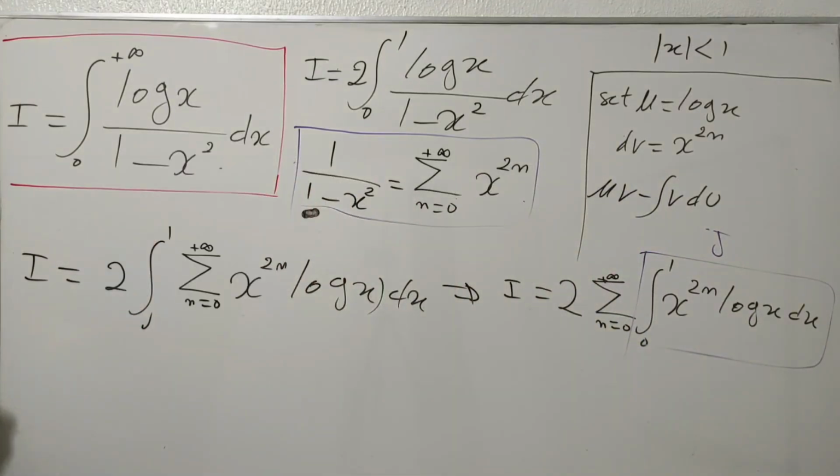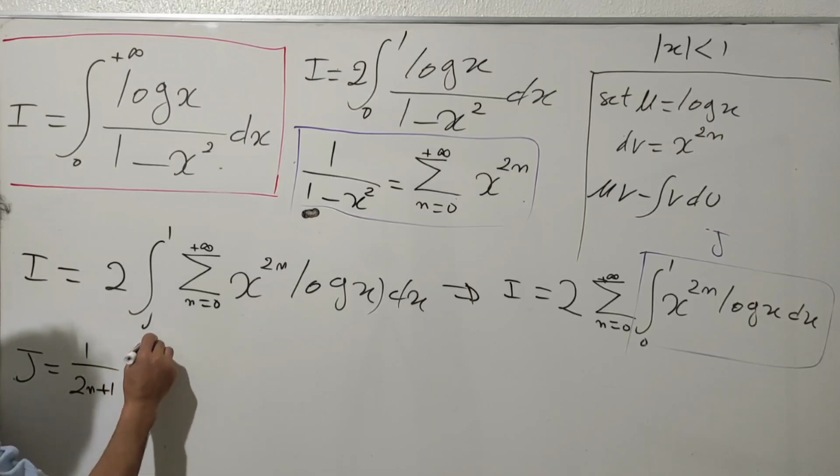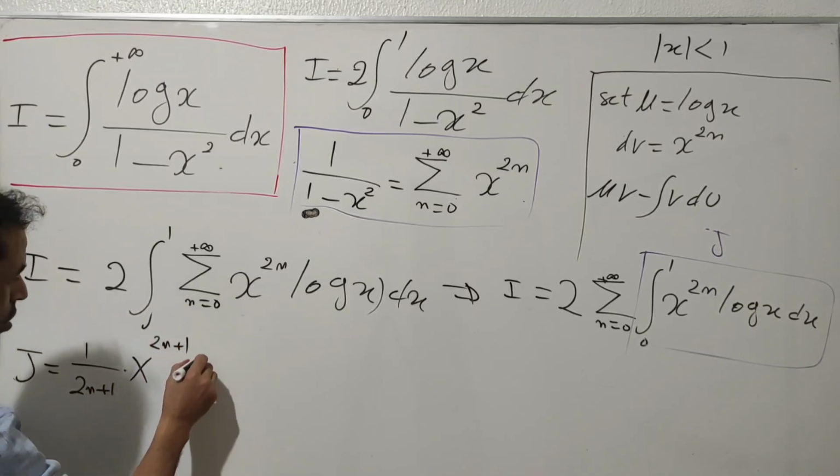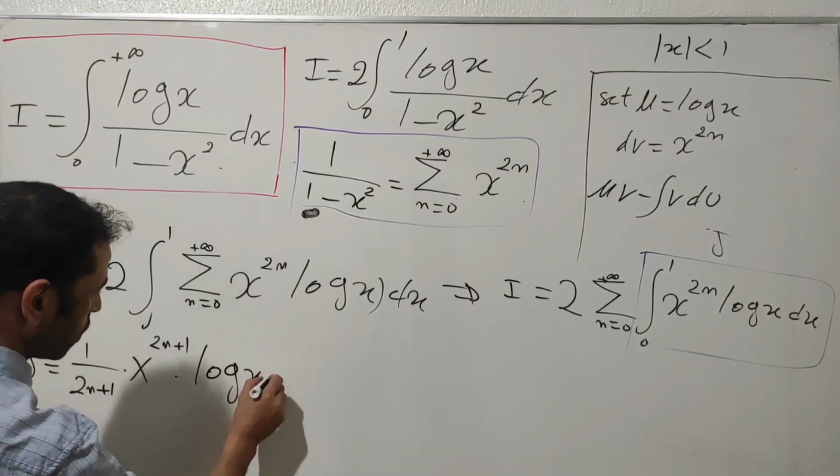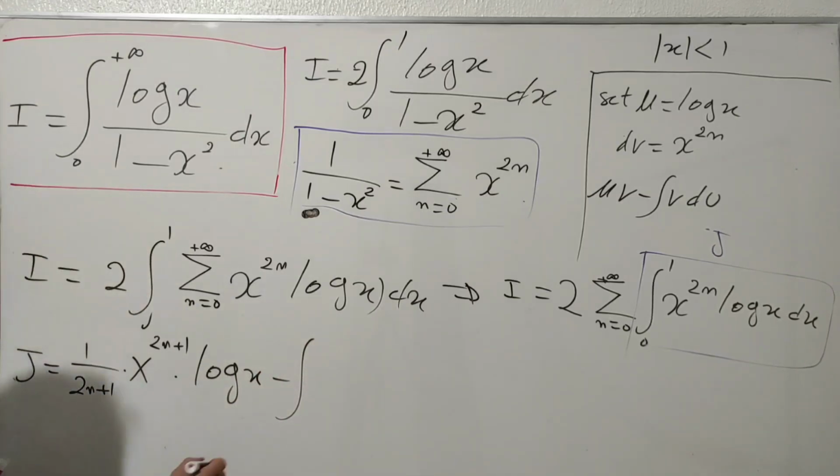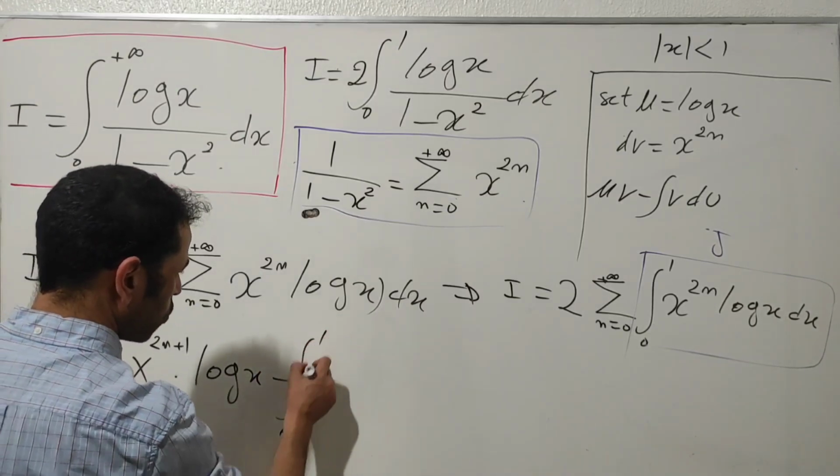As I have mentioned above, we get here J. Looking for the primitive of the dv function, I get 1 over 2n plus 1 multiplied by x to the 2n plus 1, multiplied by log of x, minus another integral from 0 to 1.